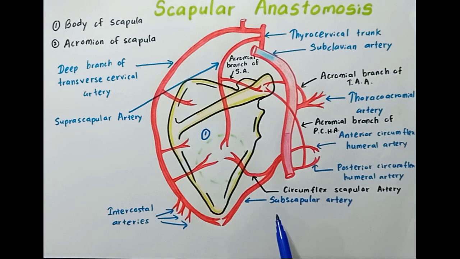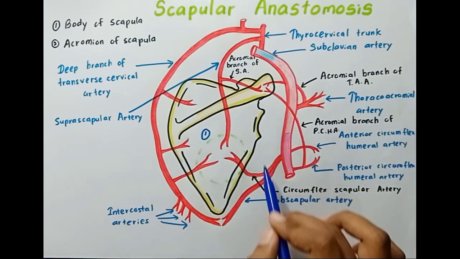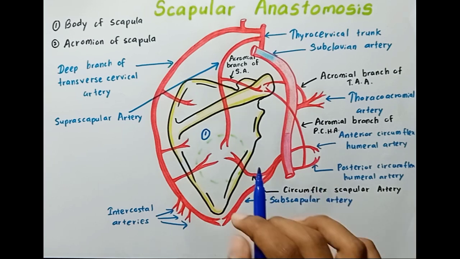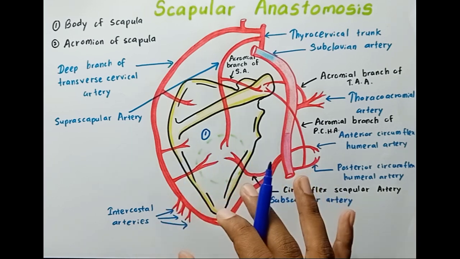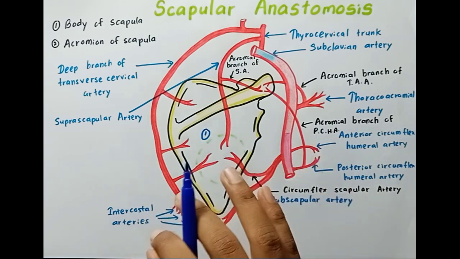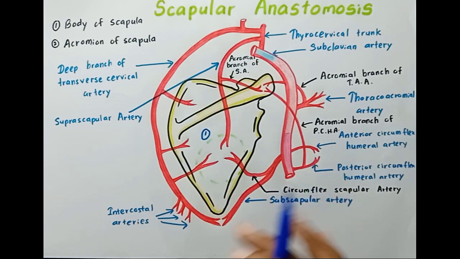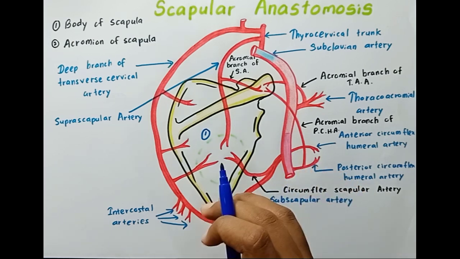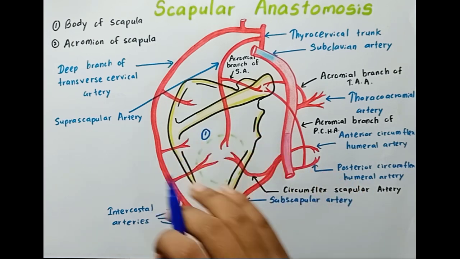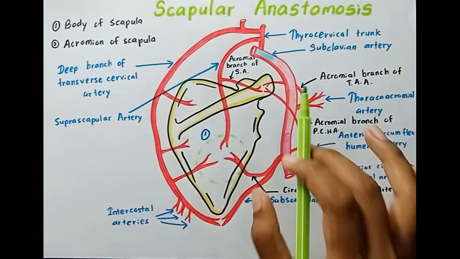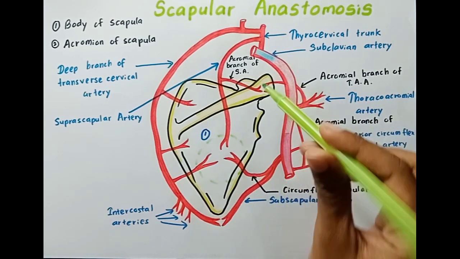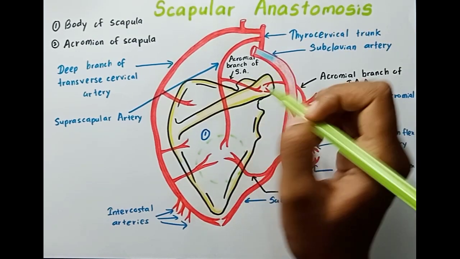It is a branch of subscapular artery which arises from the third part of axillary artery. So these three arteries form a network by connecting with each other through smaller branches, ensuring a continuous blood supply to the scapular region.